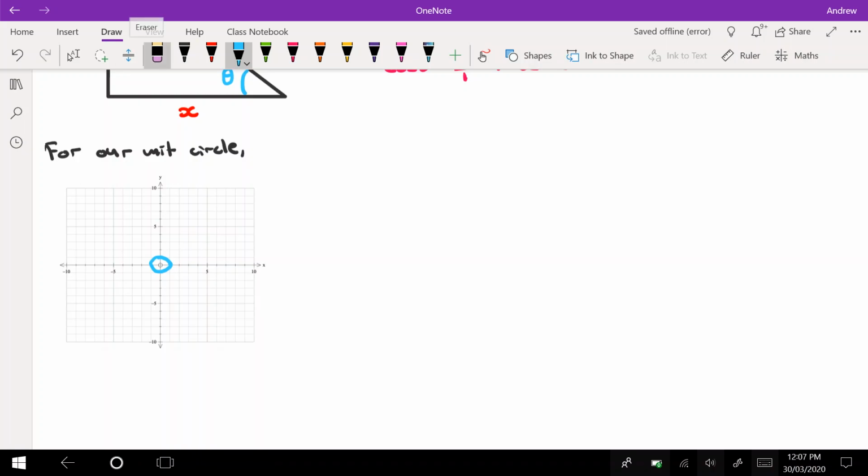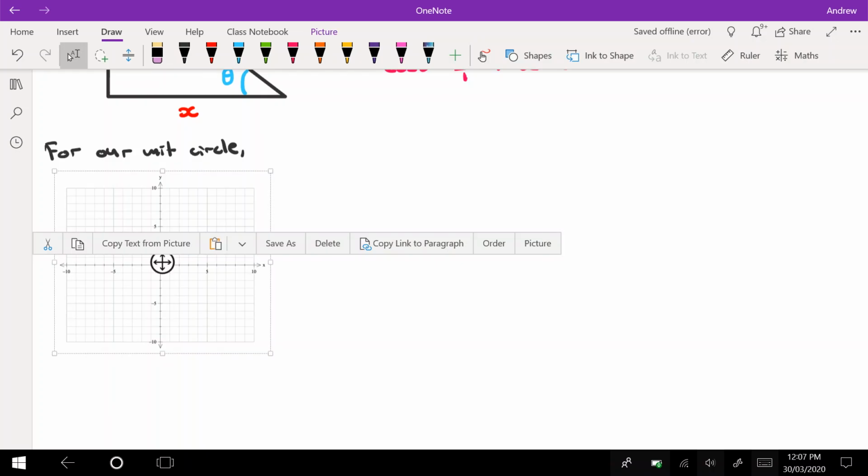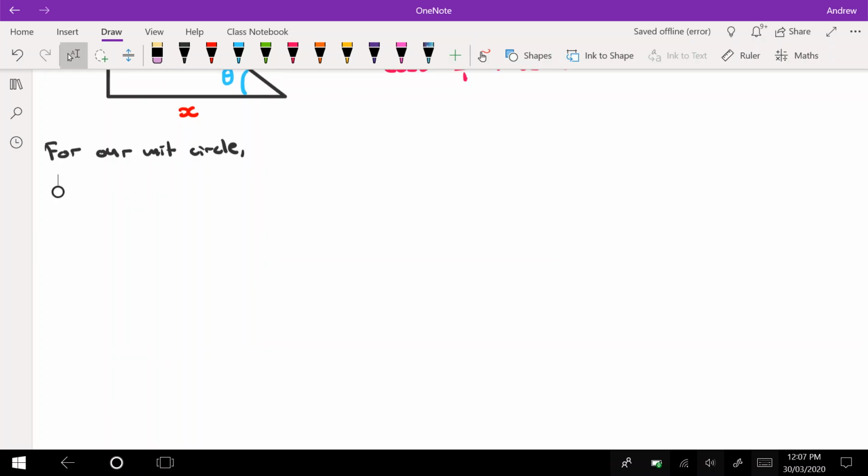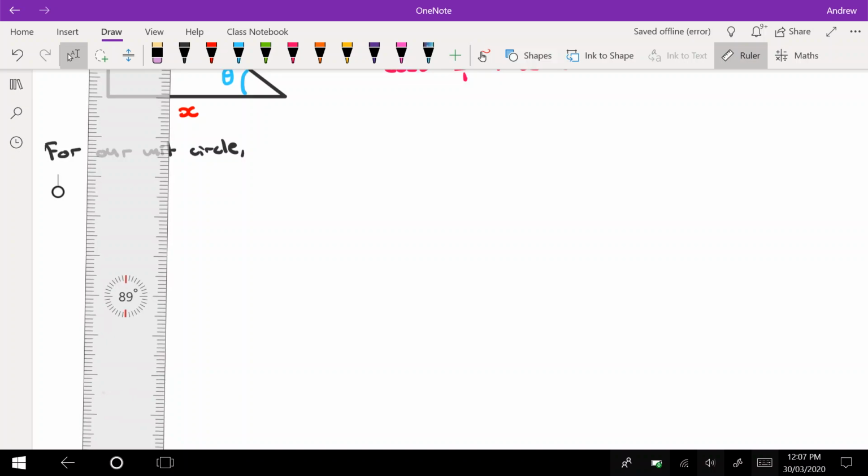Actually, sorry guys, I'm going to completely scrap this because it's a terrible idea. I'm just going to get rid of all this, and just cut it. And I'm going to draw it in. So apologies for that.